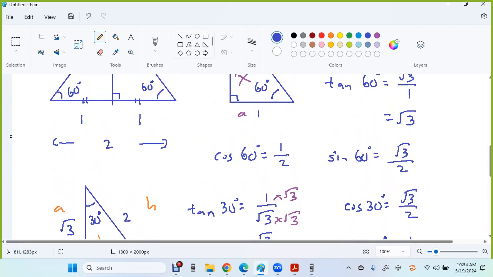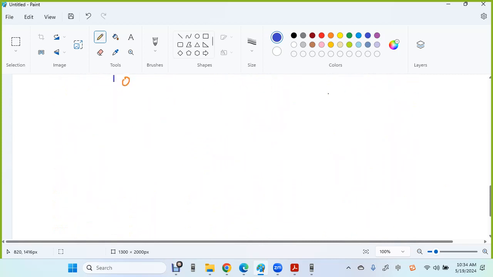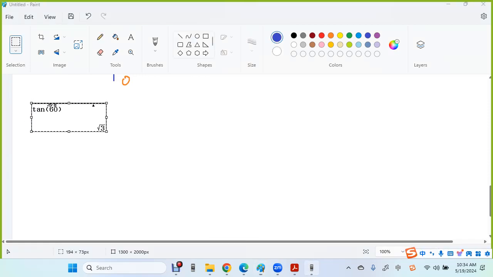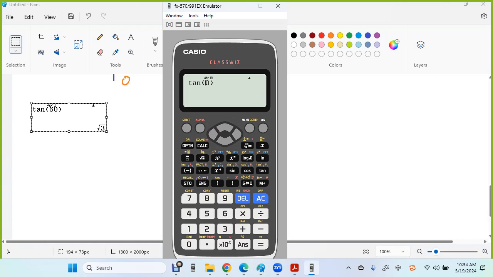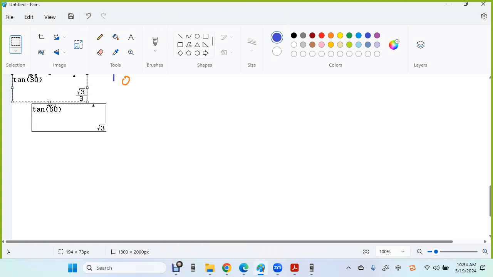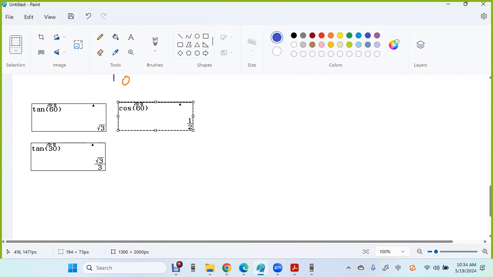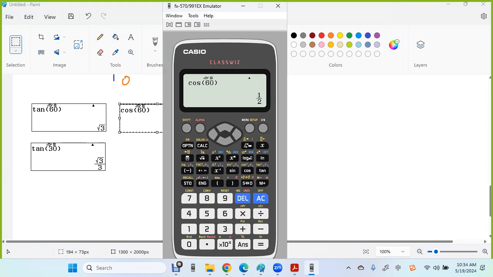So these values we can also find using the calculator. We have the tangent 60 degrees, it is square root 3, and then we have the tangent 30 degrees, it is square root 3 over 3, and we have the cos 60 degrees will be half, and the cos 30 degrees is square root 3 over 2.